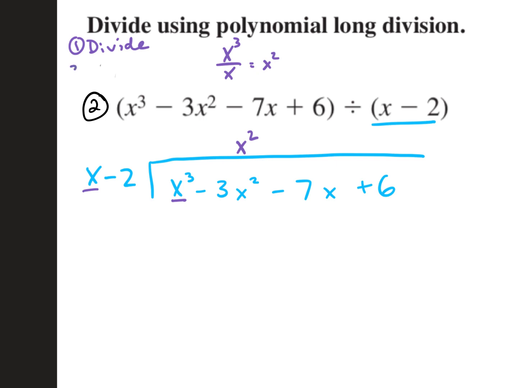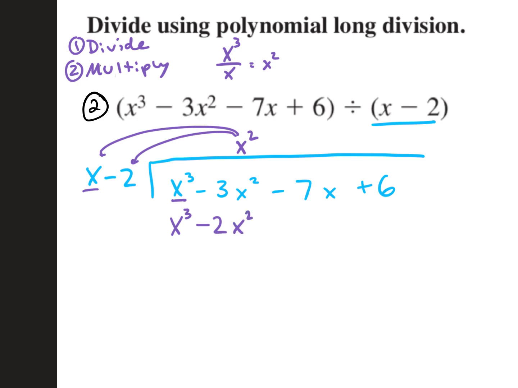Step 2 is to multiply. So we multiply x squared times both things out front. So x squared times x is x to the third power. X squared times -2 would be -2x squared. Step 3, change the signs and combine.